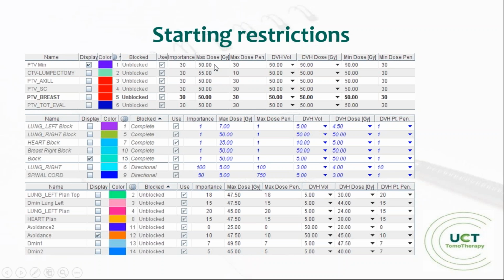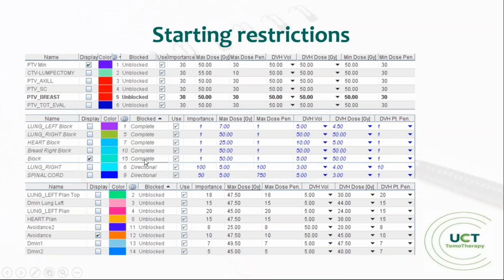Max dose I always put as the prescribed dose. DVH volume I start from 50. DVH dose I start from the prescribed dose, and min dose I also start with the prescribed dose.